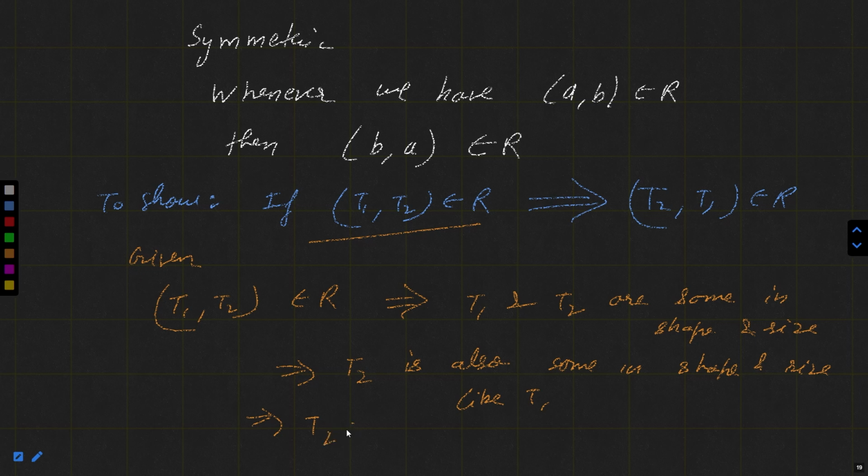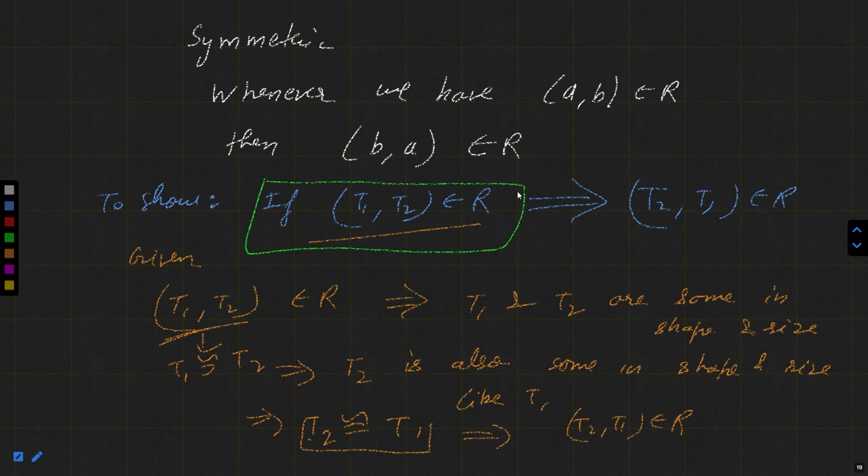This means T2 is congruent to T1. We started from T1 being congruent to T2, and we have arrived at this. This will imply that T2 comma T1 belongs to the relation R. So we have shown that whenever this happens, we will have this. So this means it is symmetric also.